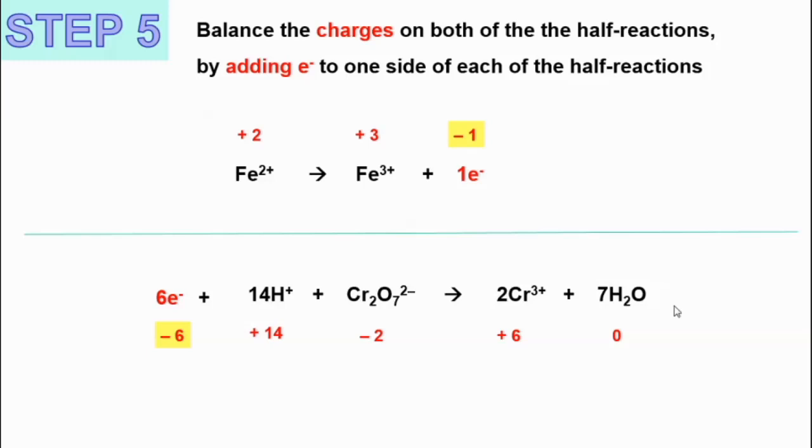So in step 5, for both of the half equations, electrons are normally added on opposite sides. Why? Because in the next step, these electrons are going to be cancelled. So when we are adding these electrons, they must be added on opposite sides to each other. So clear, guys? All right, now let's move on to step 6.